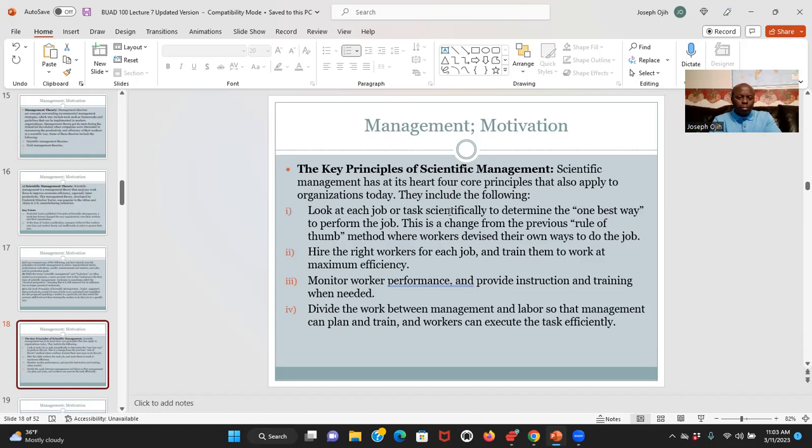And then, of course, they divide the work between the management and labor so that management can plan and train and workers can execute. So there will be a division of work between the management and those who actually execute the day-to-day operations, so that management will focus on planning and training and workers will execute the tasks.